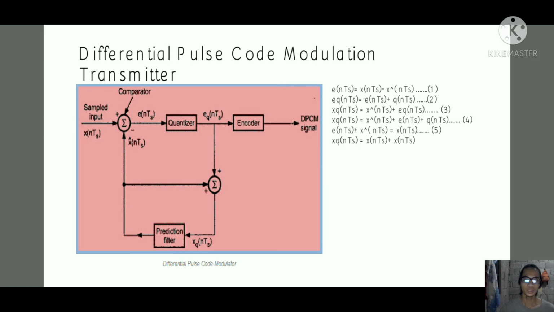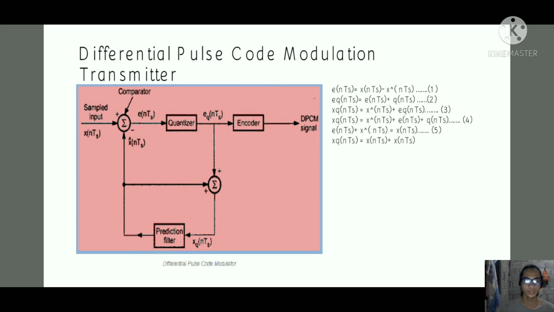By substituting the value of e_q of nTs from equation 2 into equation 3, we get x_q of nTs equals x-hat of nTs plus e of nTs plus q of nTs, equation 4. Equation 1 is written as e of nTs plus x-hat of nTs equals x of nTs, equation 5. From equations 4 and 5, we get x_q of nTs equals x of nTs plus q of nTs.